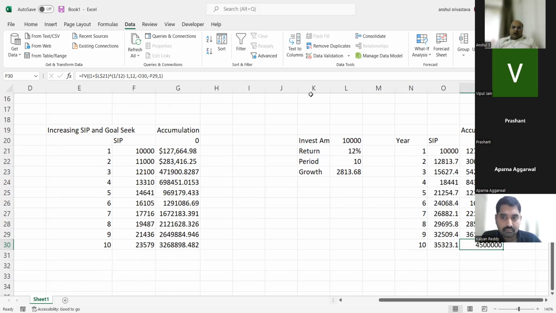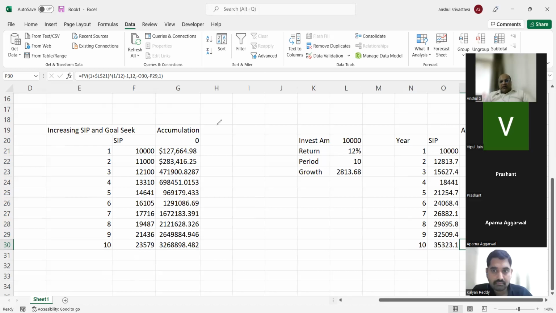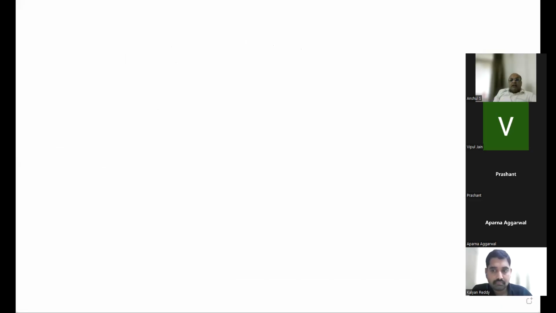So let's say the formula of increasing annuity. I must have told you, you must have read it somewhere. Excuse me for the little handwriting.